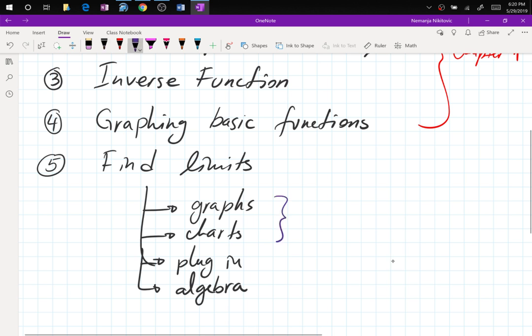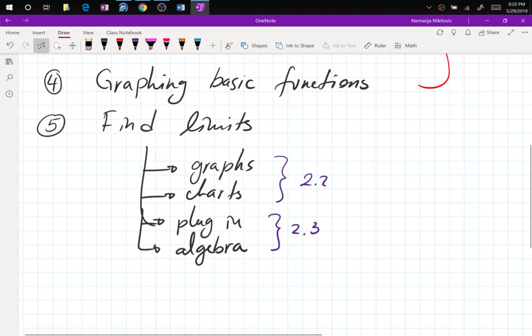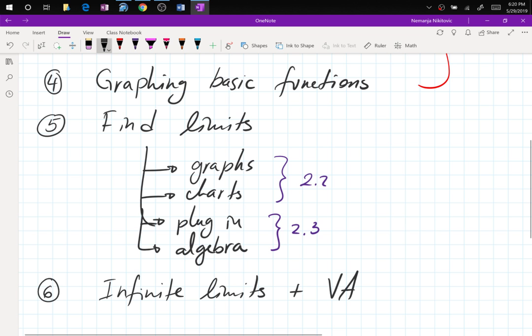The first two are 2.2, the next two 2.3. Number 6, infinite limits, plus vertical asymptotes, that's your 2.4.